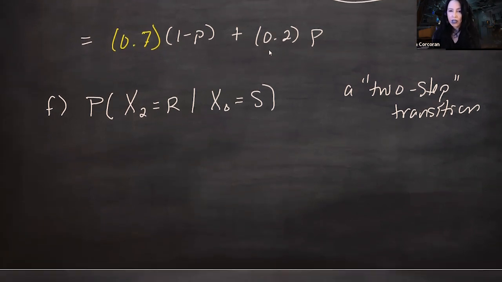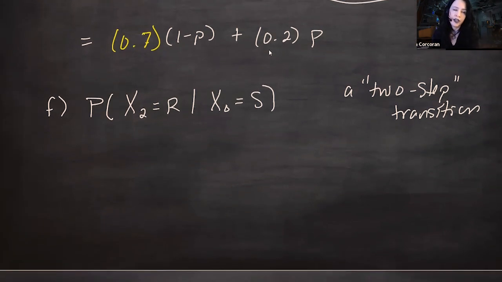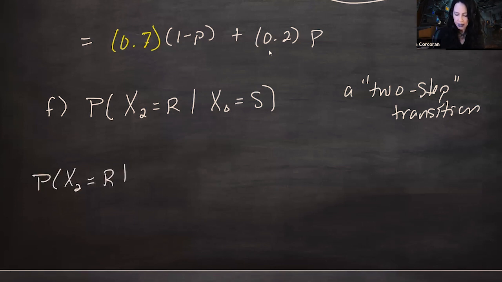Okay, so I'm going to do it the long way. I don't know if it's actually a shorter way, but you're going to have a preference for one or the other. The probability that X2 is rainy given X0 is sunny: I only know 1-step transition probabilities, so I need to bring in X1.